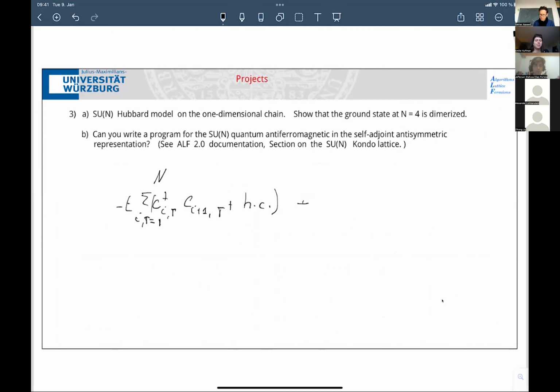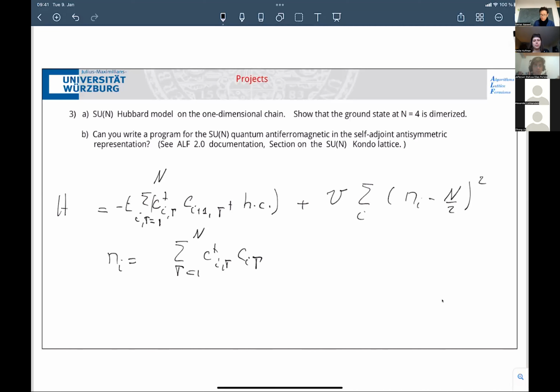And then the U term is sum over i of (n_i minus N/2) squared, where n_i is the sum over all sigma of c dagger_(i sigma) c_(i sigma), sigma equal to 1 to N. So this is a Hubbard model with SU(N) symmetry and not SU(2), so it's a generalization of SU(2).